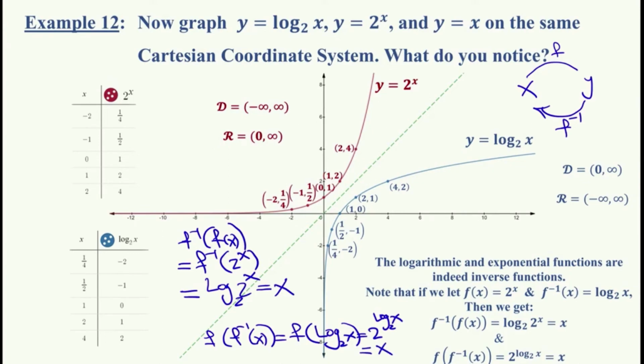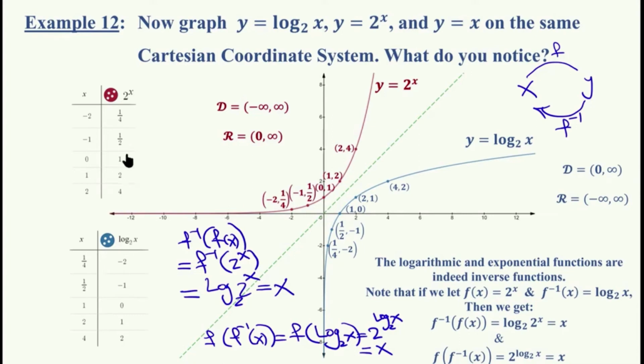So here we showed it for the case of base 2, but imagine replacing all these 2's with b. Then you have proven it for all exponential functions and logarithmic functions of base b. So yes, in general, these functions are inverse functions.